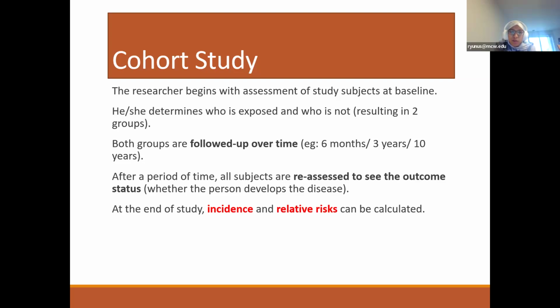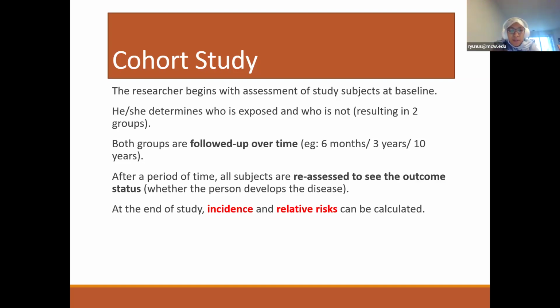You try to determine who is exposed, who is not. Okay, so basically now you'll have two groups of people. The first group is exposed, the second is not. And both groups are followed up over time. You will be tracking them for a period of time that you will determine. If the study takes 6 months, you will follow them up over that period of time. Some studies take longer, 3 years, 5 years, 10 years.